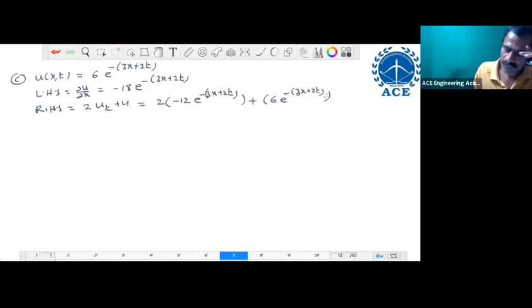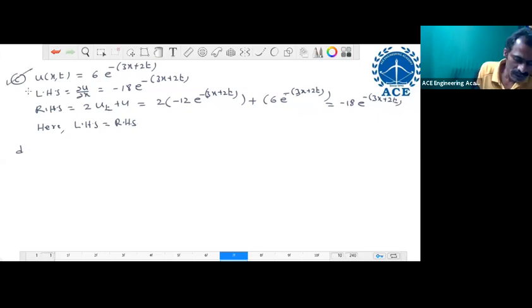So this is equal to minus 24 plus 6, that is minus 18 e power minus of 3x plus 2t. So here LHS equals RHS. The differential equation is satisfied with this particular solution. So we can stop and choose this as the correct answer. Or if you want to verify, we can verify the next option. C is the correct answer.